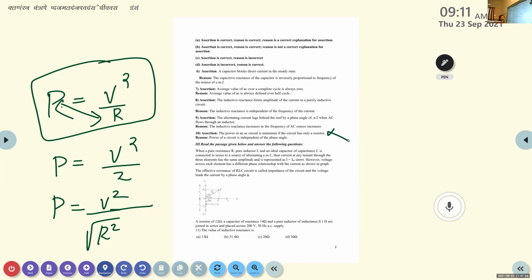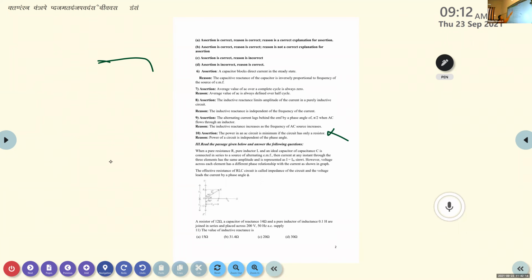Now the reason is this: power of a circuit is independent of the phase angle. According to one equation, I will give you one equation to study. We are not deriving the equation.